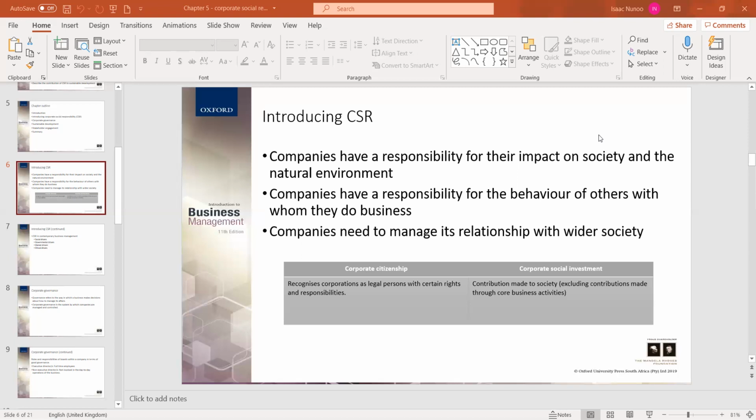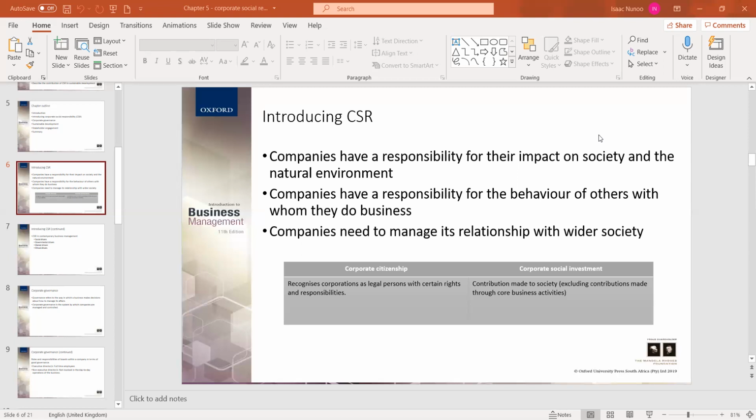How do you make sure you are in the good books of society, so that people don't point their fingers at you, saying you are the one polluting the air and water, causing harm to their health? With that relationship with the wider society, all these three concepts or definitions are basically what we consider as corporate social responsibility.